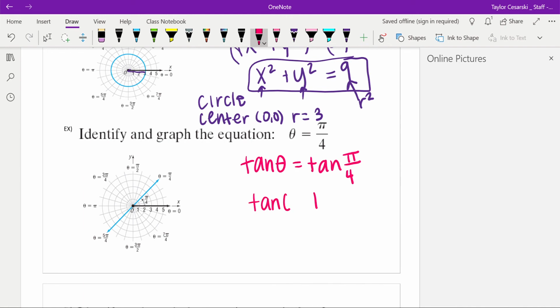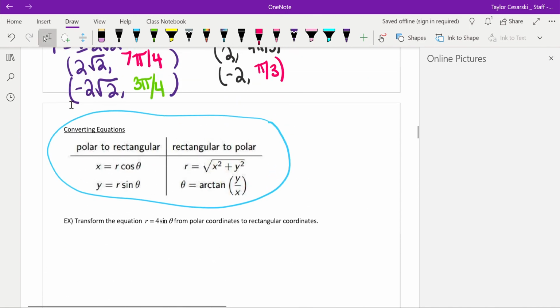So we're left with tangent of theta equals 1. Now we know from what we did up above that tangent of theta is just going to be y over x, and that comes from theta equals tangent inverse of y over x.